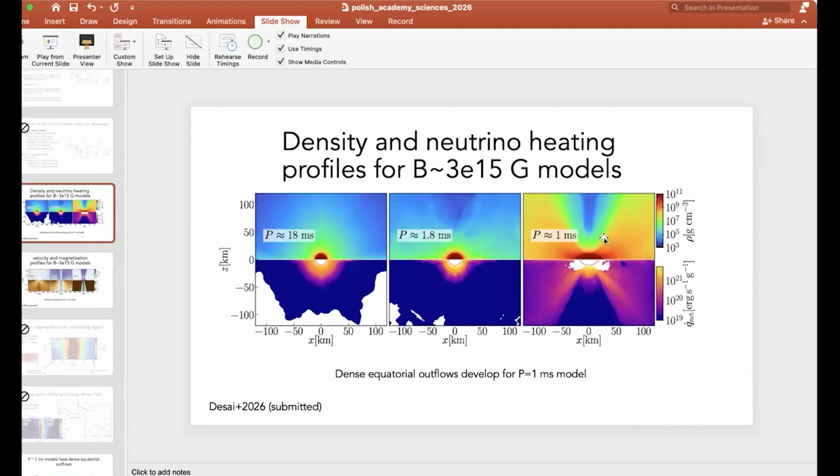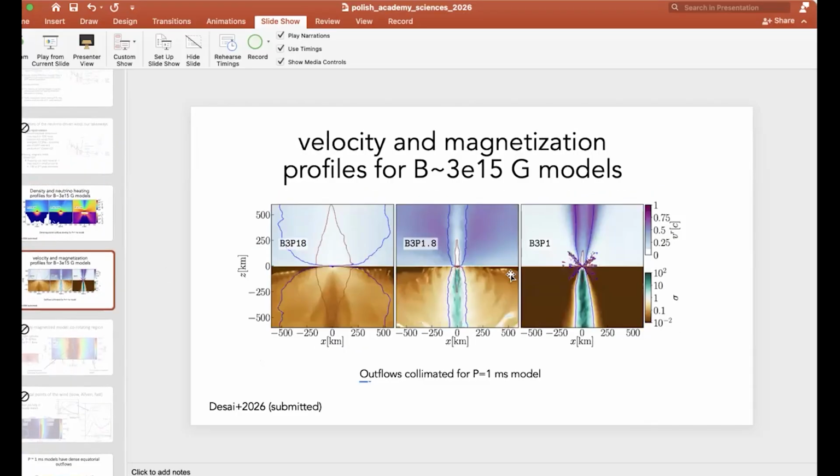You can see my screen still? That looks like this, these 1 millisecond winds, to the slower rotating ones, and with even higher magnetization than the models that we have here, because you'd have a lot less mass, for example.